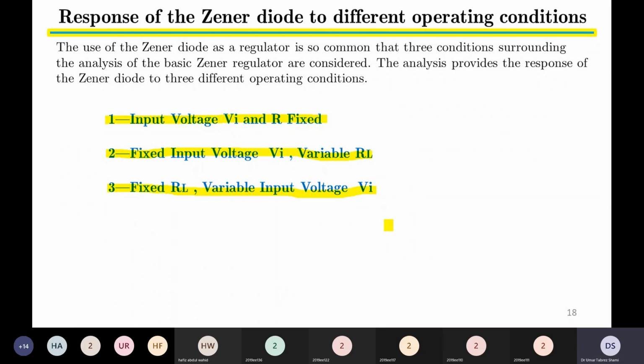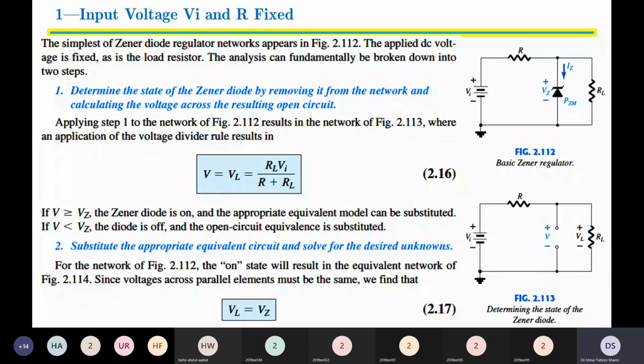So now let us come to the first operating condition and see how to analyze it. The first operating condition is that the input voltage and load resistance are fixed. Both are constant. This is the simplest Zener diode regulator network, and the circuit diagram is shown in figure 2.112, where we see the input voltage.